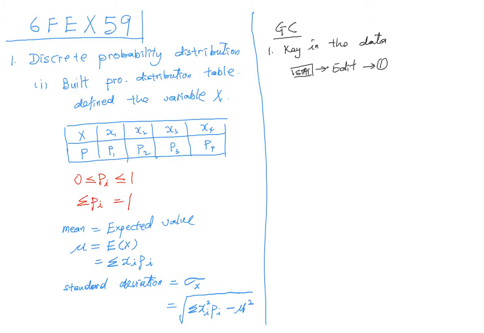Second step, you must always remember to press 2nd mode. Third, you go to stat again, then go to calc, then select 1-Var Stats. Then you will know what to do. So that is your GC.